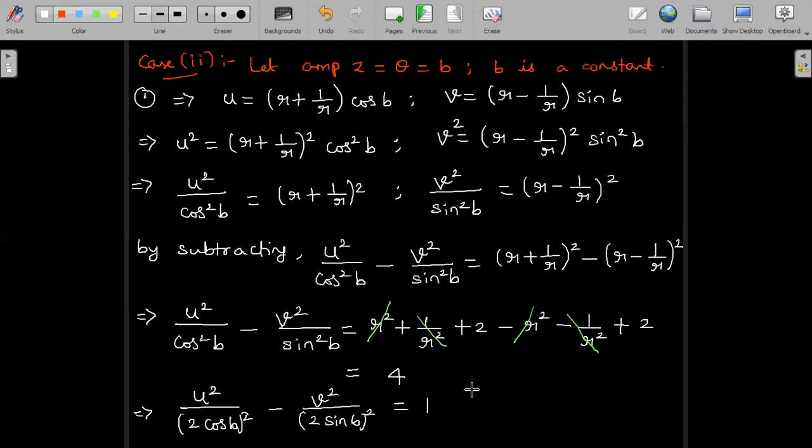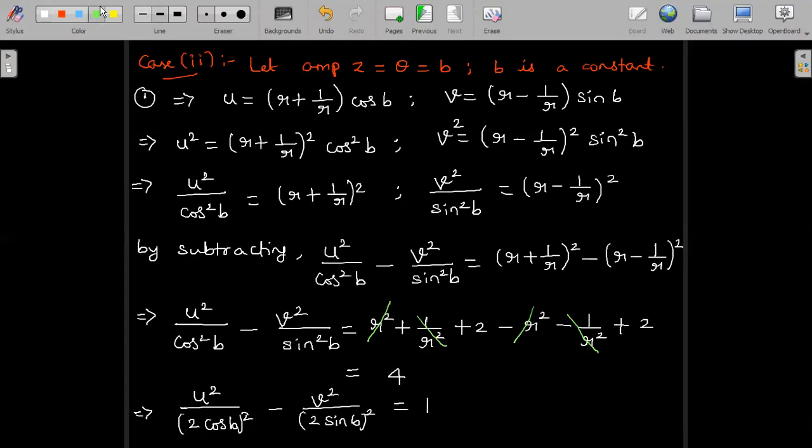Dividing throughout by 4, it is 2 square. 2 square is 4, no? That is why we are able to write 2 cos b the whole square and 2 sin b the whole square, which gives you 4 cos square b and 4 sin square b when I divide throughout by 4, is equal to 1.